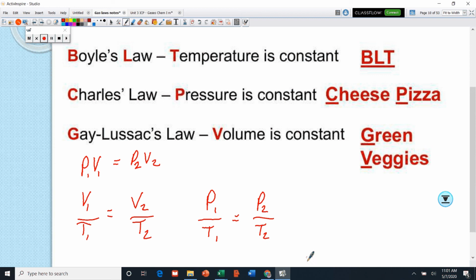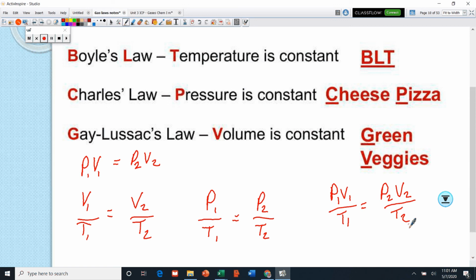And what they observed in physics is that we can combine all three of these and get the combined gas law of P1 times V1 over T1 equals P2 times V2 over T2.